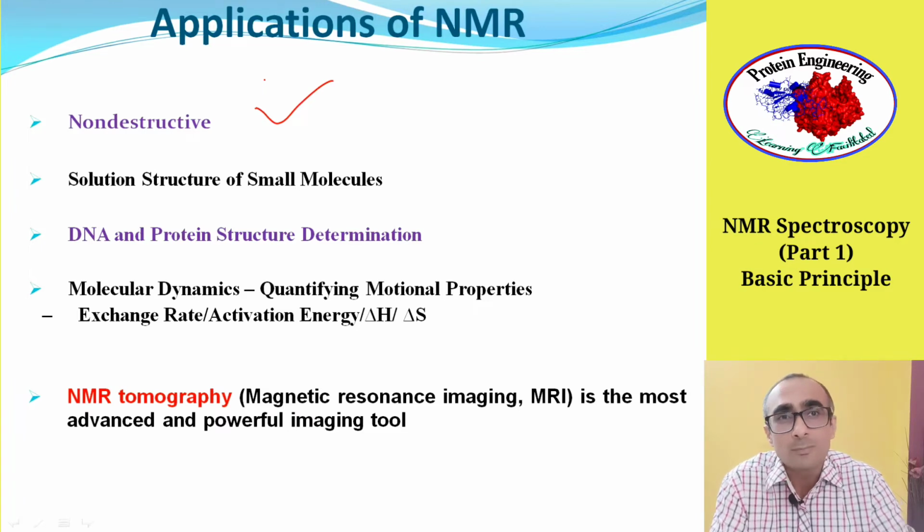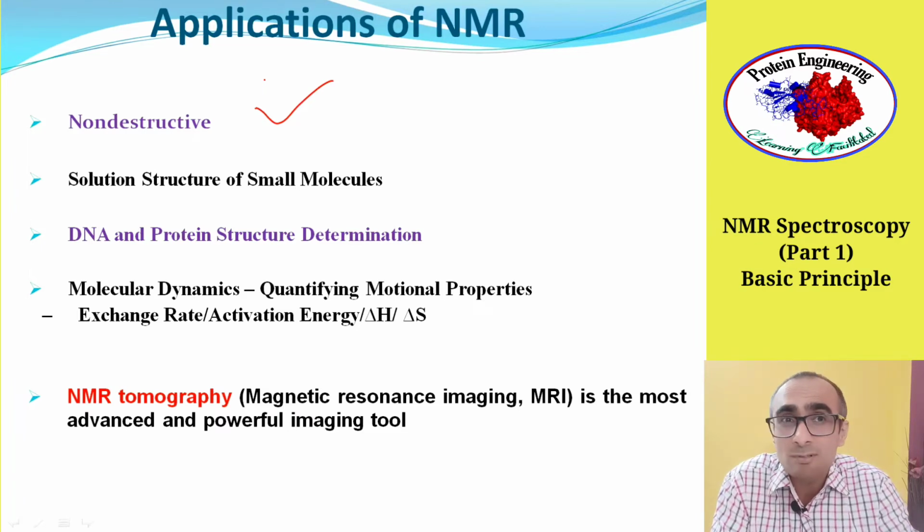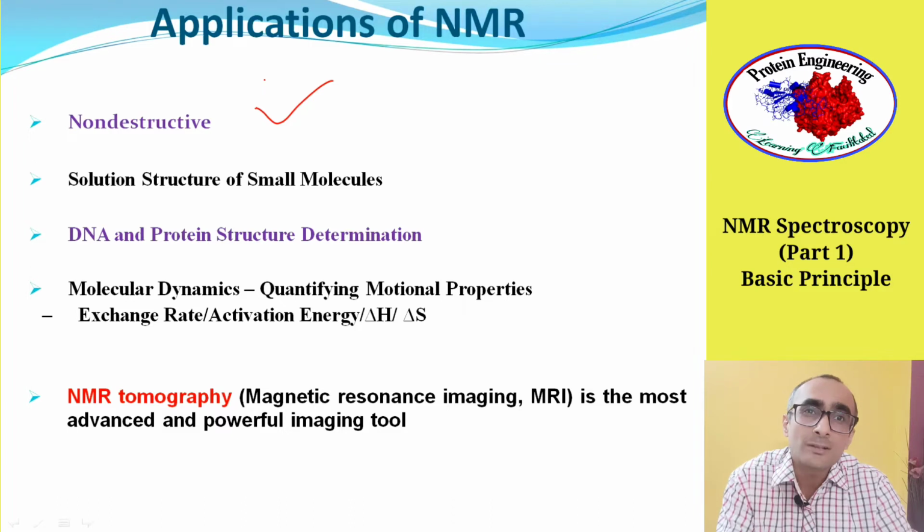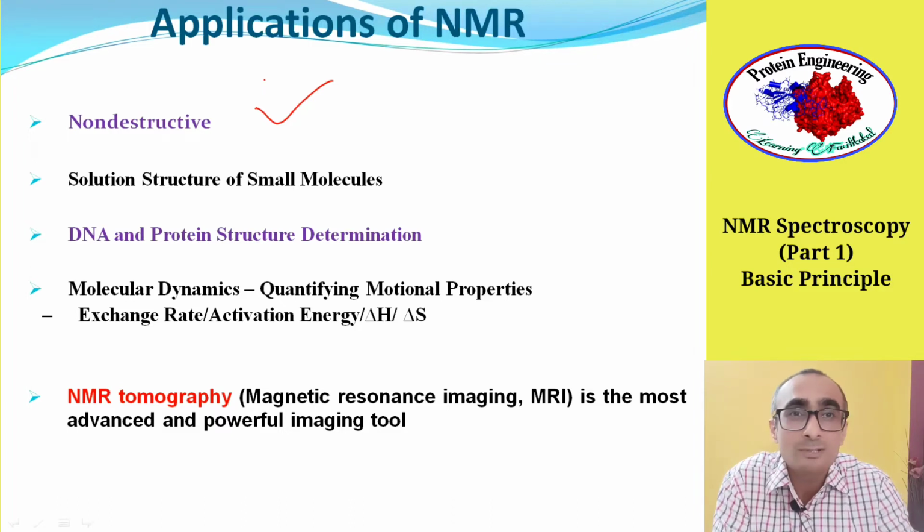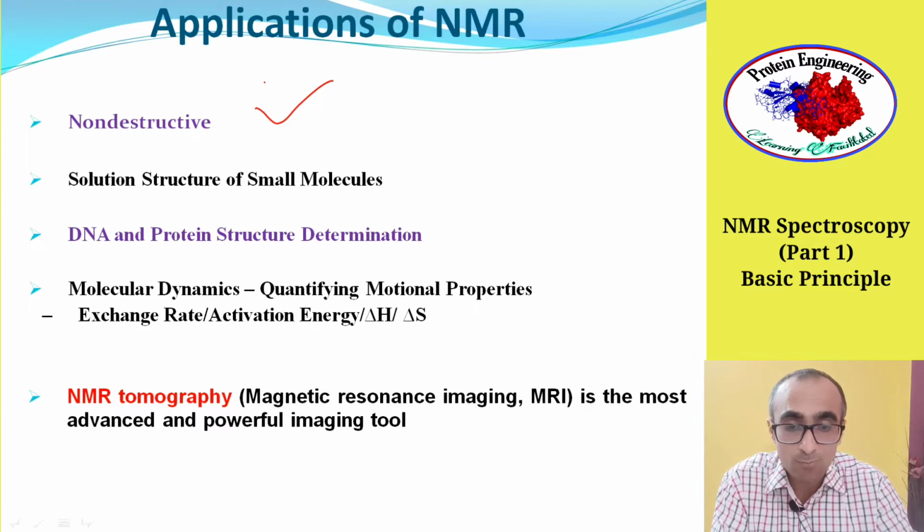Molecular dynamics studies, diffusion coefficients, rate constants, activation energy, and thermodynamic properties of molecular reactions are also determined by NMR spectroscopy. And one very powerful diagnostic tool, called MRI, magnetic resonance imaging, that's NMR tomography, is also based on the principle of NMR spectroscopy only.